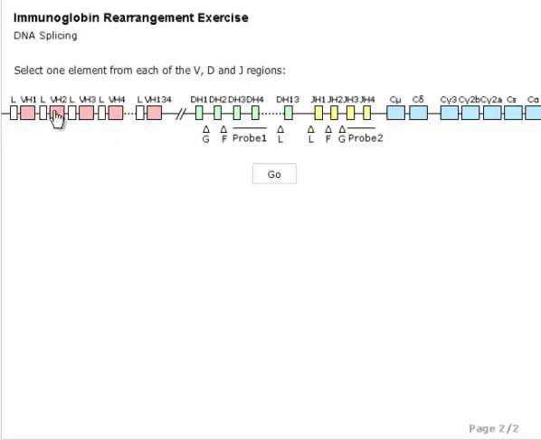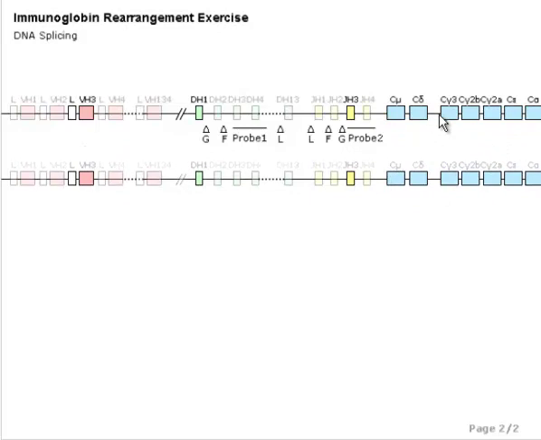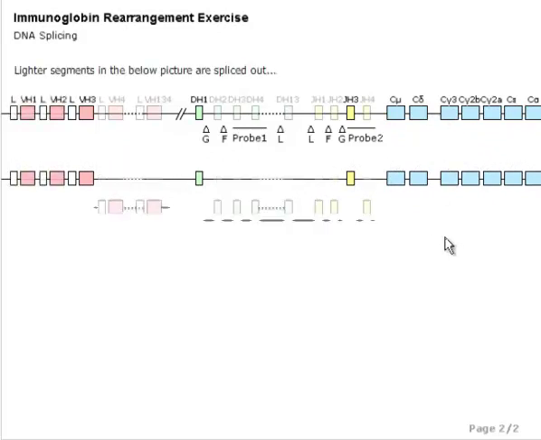So if we want to include the variable regions 1, 2, and 3, we could select here, and we'll include everything upstream of here. If we want to only include one diversity region, we can click on 1. These 4 would then get spliced out. And we'll click here, and then we'll keep these 3 J regions, or joining regions, and then we can select Go, and we will see what our gene is going to actually look like.